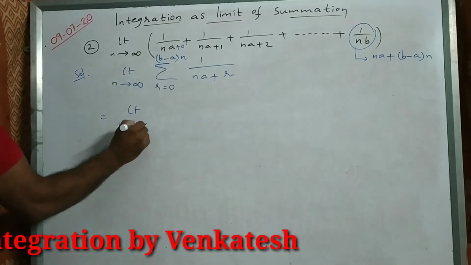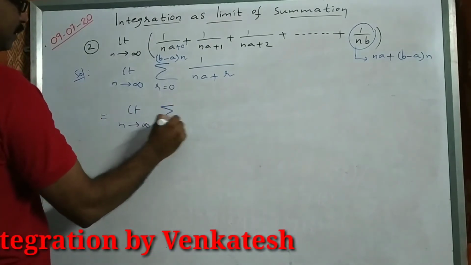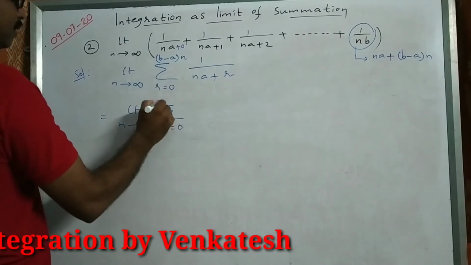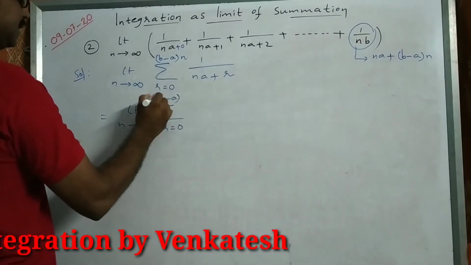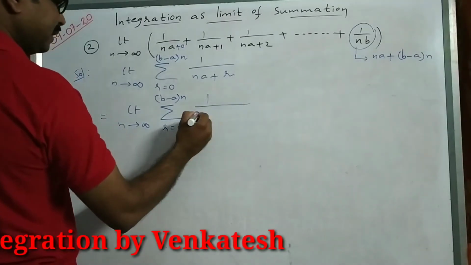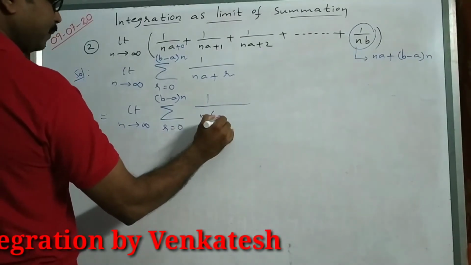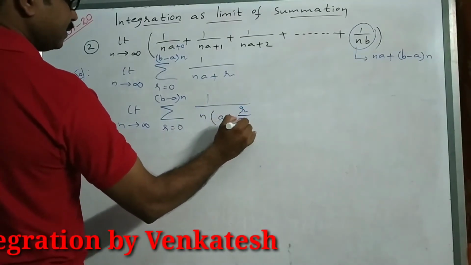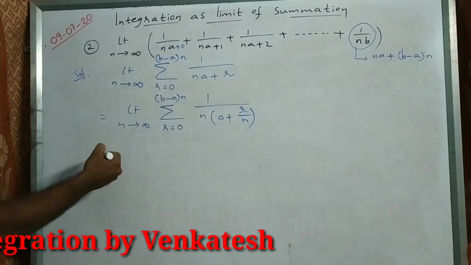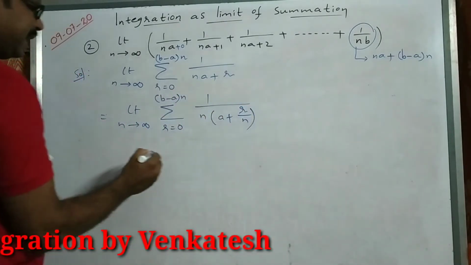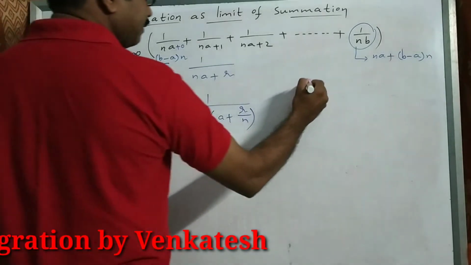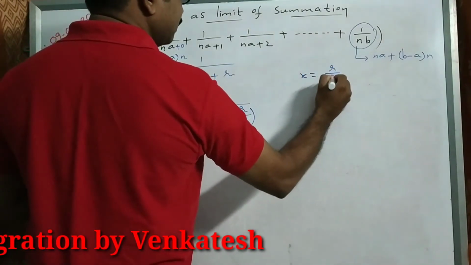Limit n tends to infinity, summation r equal to 0 to b minus a into n. Take n common here, a plus r by n. So 1 by n is there. Instead of 1 by n we write dx. So what is the value of x here? r by n.